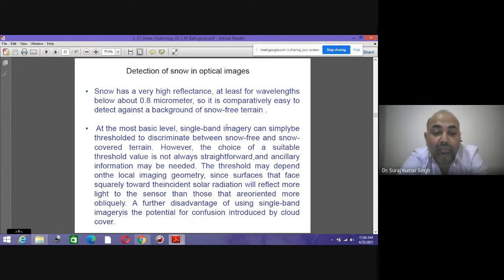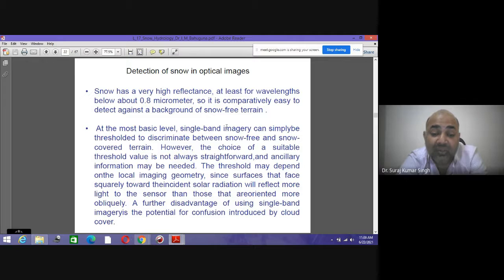At the most basic level, single band imagery can simply be thresholded to discriminate between snow-free and snow-covered terrain. However, the choice of a suitable threshold value is not always straightforward and ancillary information is needed.